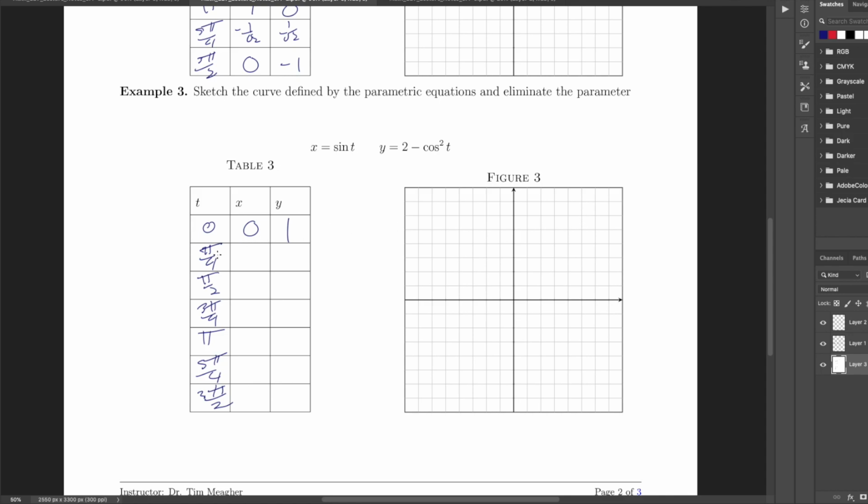Okay, and then here we'll have square root of 2, and then 2 minus the square root of 2 squared, so this will be 2 minus a half, so this will be 3 halves, right? And so here, this will be 1, and then here this will become 0, so this will be 2.